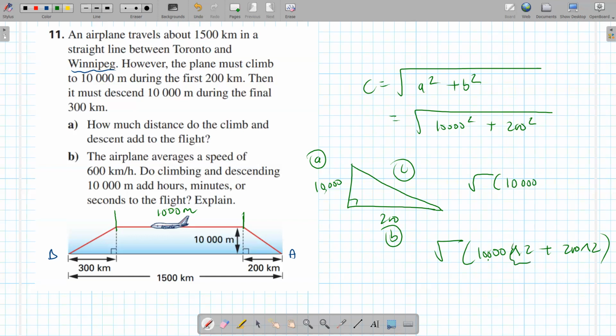Do you see this symbol here, power 2 or squared, on your calculator? So type that: 10,000 squared plus 200 squared, bracket close, equals. What does that give you?